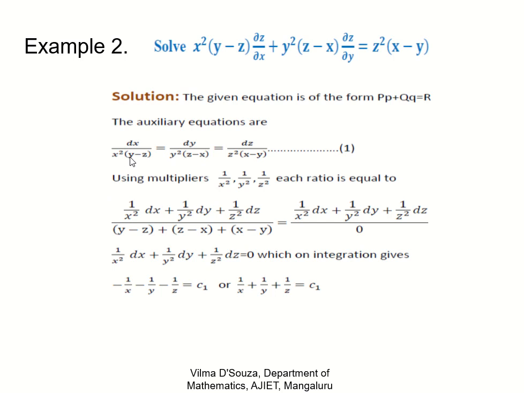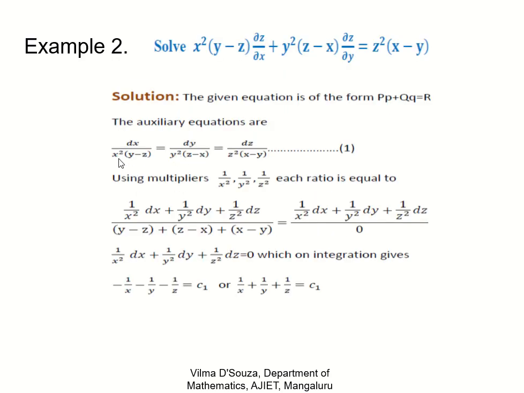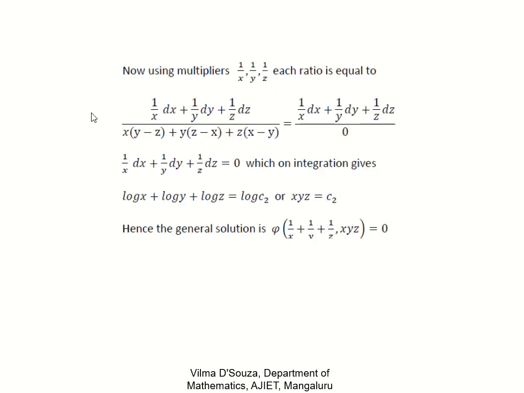If you multiply this by 1 by x, this will be xy, and this by 1 by y, this will be minus y, and 1 by z. Use the multipliers 1 by x, 1 by y, and 1 by z. So see what you get.